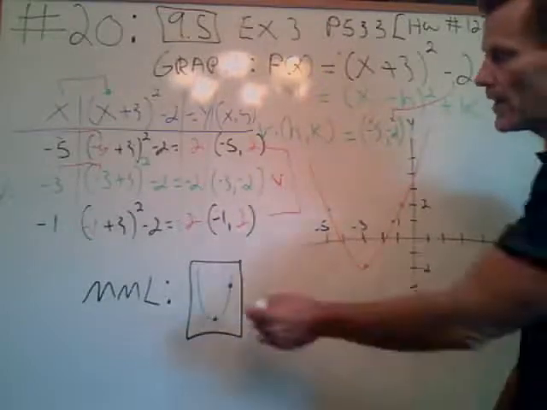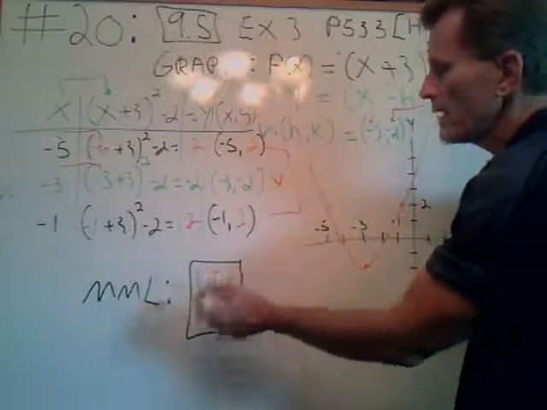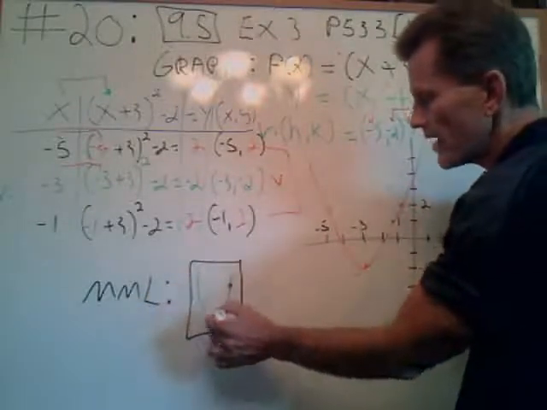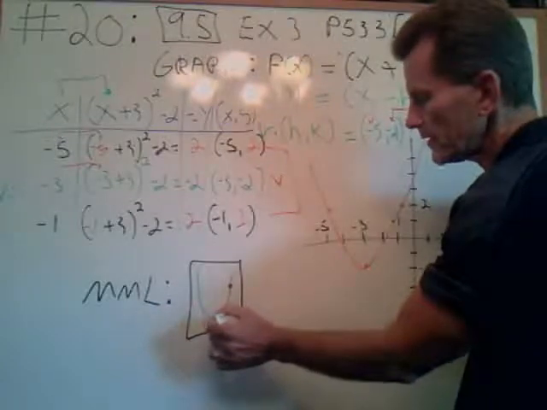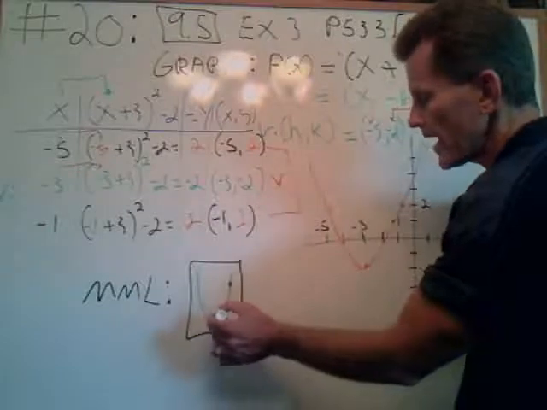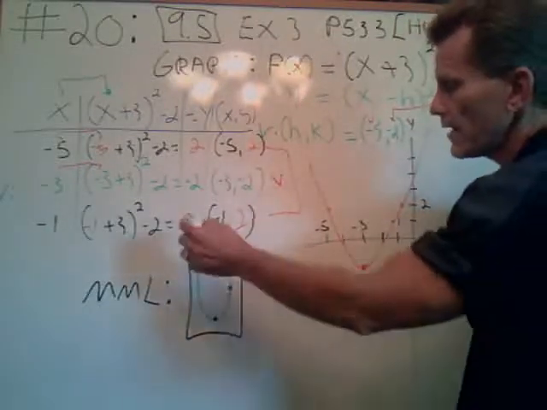Now I'm going to jump over here to the computer screen real quick. In MyMathLab, when you pull up the graph, you hit this button first, and then right click and lock down the vertex. Then you're going to see the parabola created.